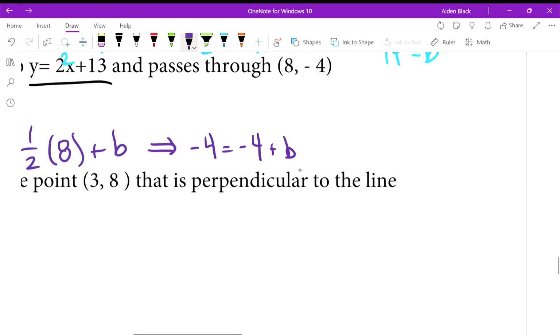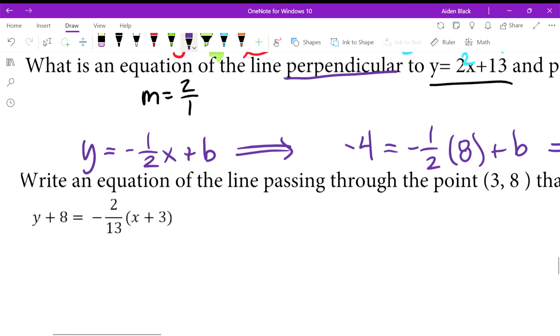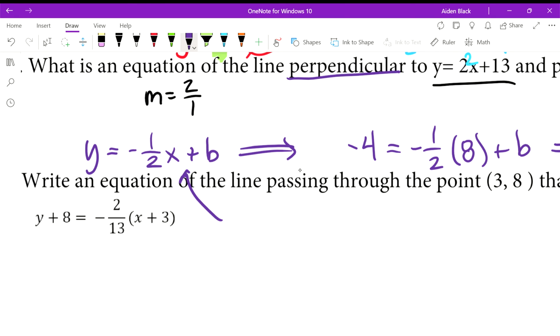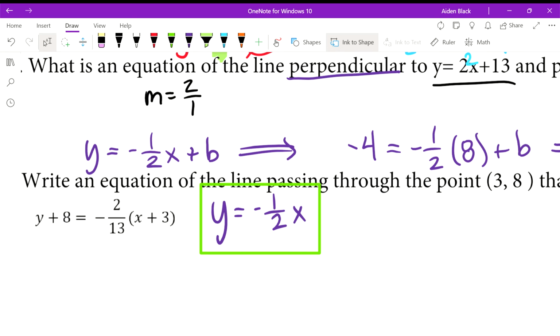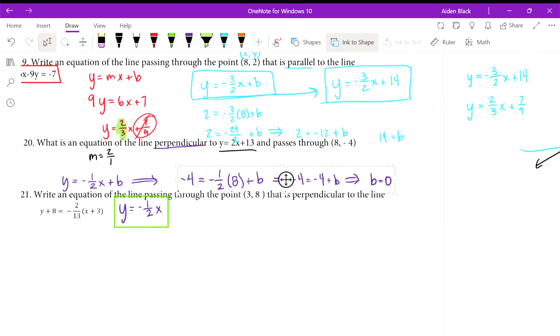So since b equals 0, I do not have to write it here. My answer will end up just being y equals negative 1/2 x. So I'm going to erase this and put this here.